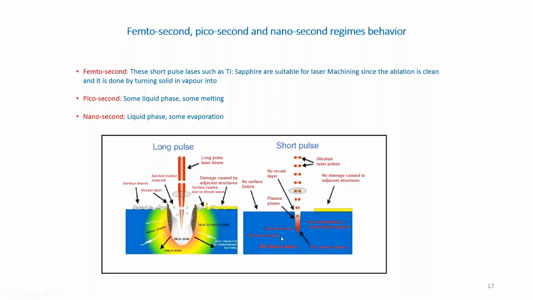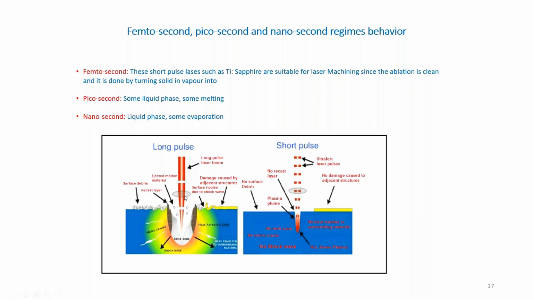There's no melt zone, no micro cracks, no surface debris, no damage caused to adjacent structures, and it makes a pretty clean cut. And when you have a longer pulse laser, there are all kinds of effects happening. There's some melting, heat transfer, shock wave, micro cracks, recast layers, surface debris, and damage caused to adjacent structures.